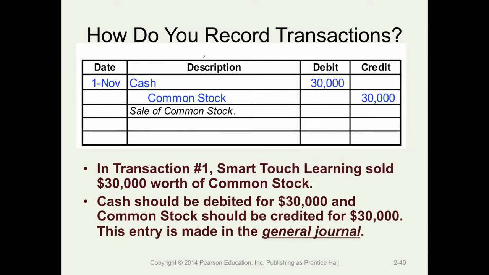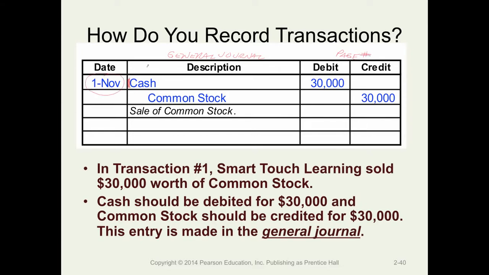Notice the format again. Now remember that this is, if we wanted to be very clear about this, the general journal. Might be some kind of a page number here. The date comes in the first column.